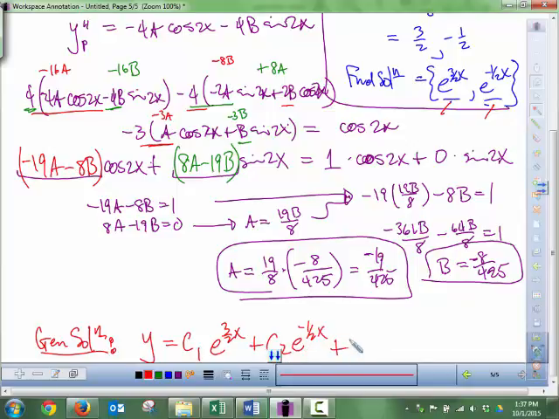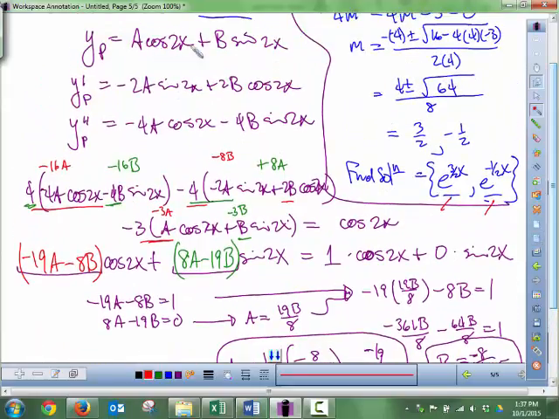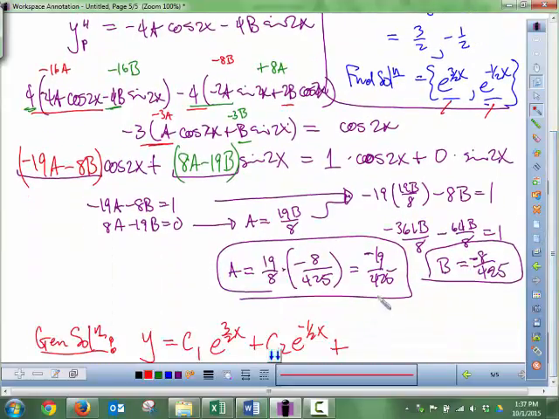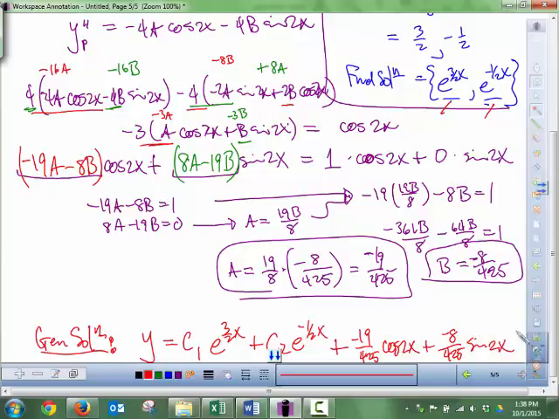So those are your fundamental solutions, the linear combination of your fundamental solutions. Your particular solution is A, just to make sure we did the cosine first, right? So A is negative 19 over 425 times cosine 2x plus B, that's negative 8 over 425 times the sine of 2x. There you go.